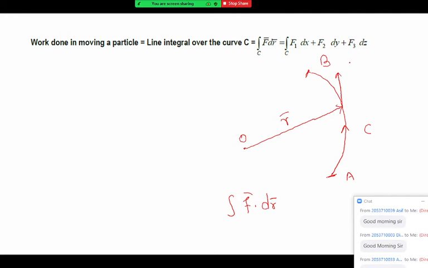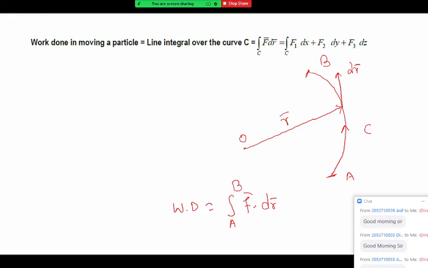This is the dr bar vector, a vector along the tangent. So the dot product f bar dot dr bar over that curve C, from point A to point B. If we integrate, this is the work done to move the particle from point A to point B.